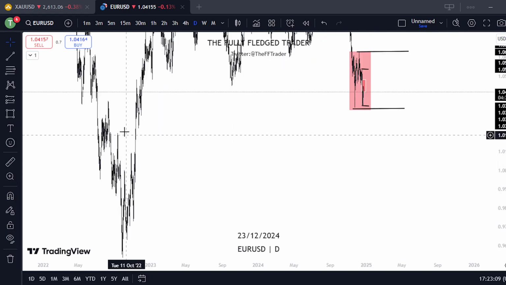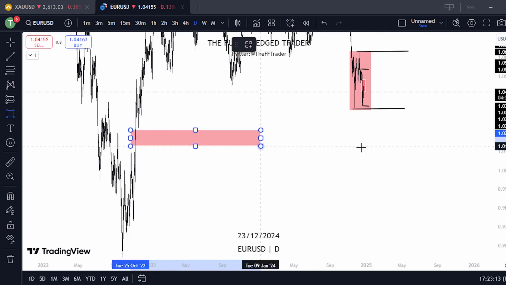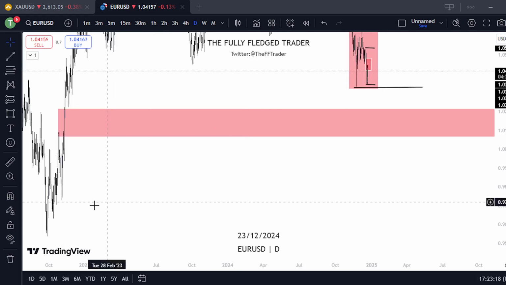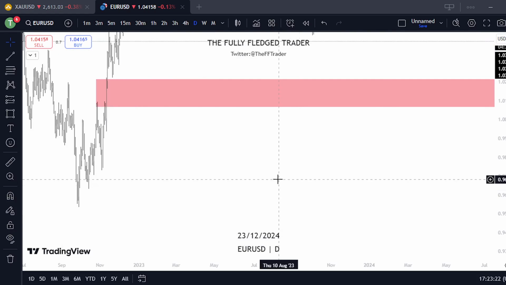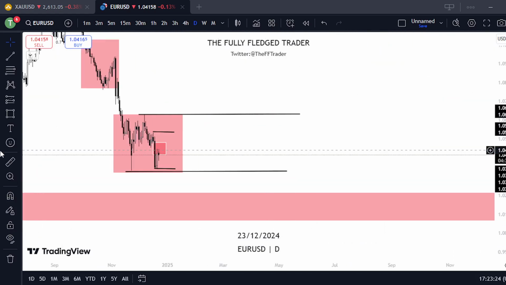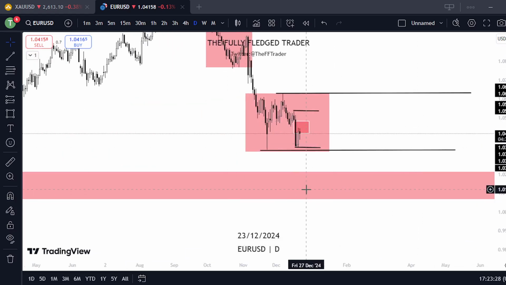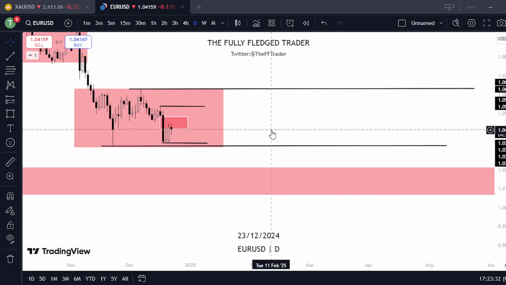So I'm expecting price to reach into this range here or sweep the low here. So this will be the take profit. Now for the stop loss, it will be here.